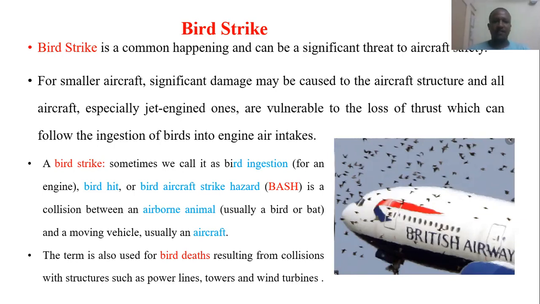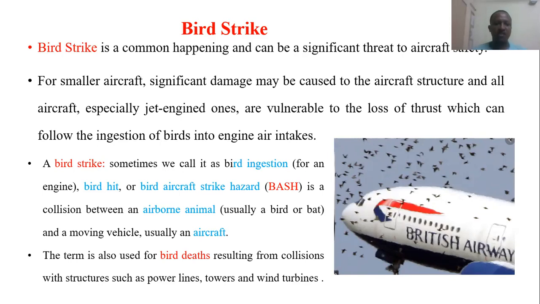And bird hit is where it hits the structure, the canopies, the wing, the fuselage of the aircraft. During that time we call it a bird hit, or bird aircraft strike hazard, in abbreviated form BASH, which is a collision between airborne animals, usually a bird or a bat, and a moving vehicle, usually an aircraft.